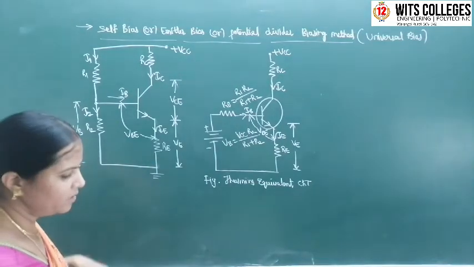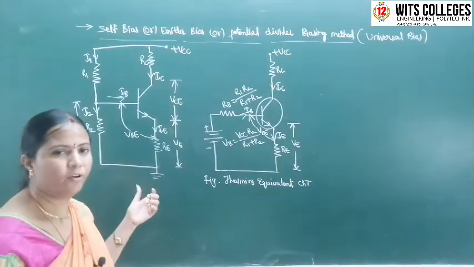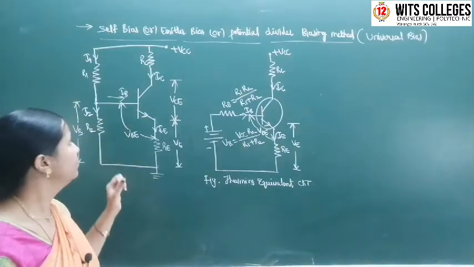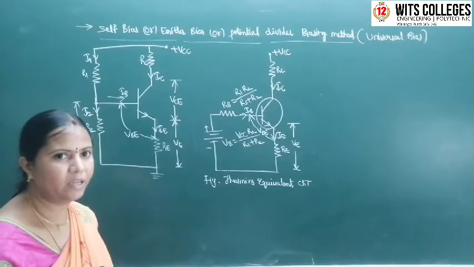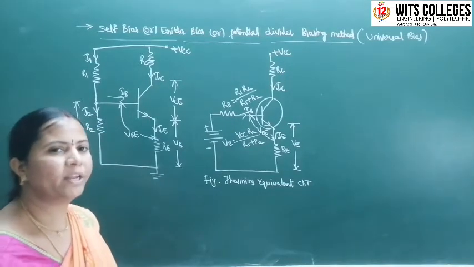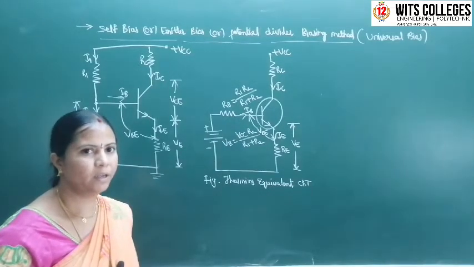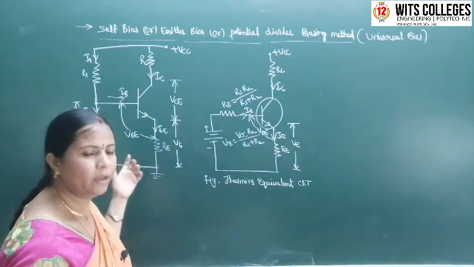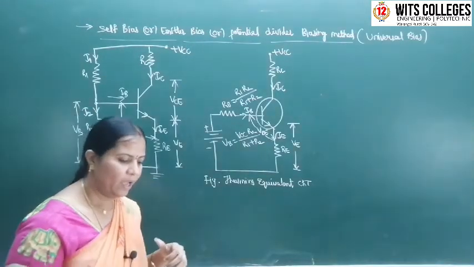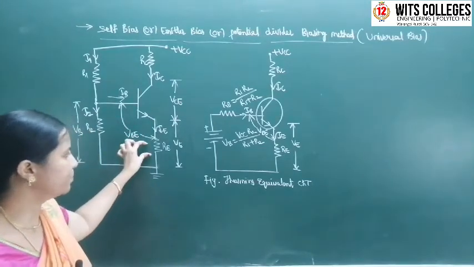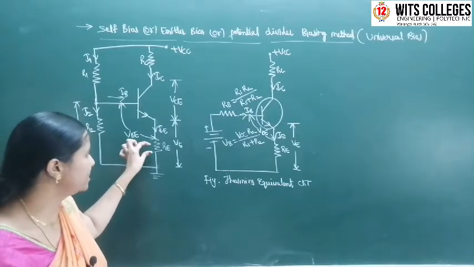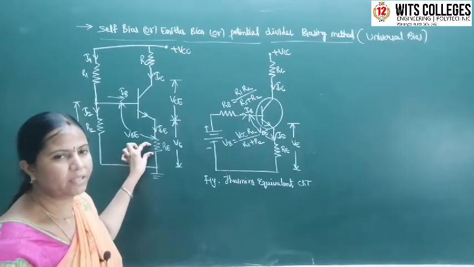So by proper selection of resistors R1 and R2 and the collector resistor RC, the operating point can be made independent of the current gain beta, and the emitter resistor here provides stabilization. Okay, now here the emitter resistor RE will provide the stabilization.